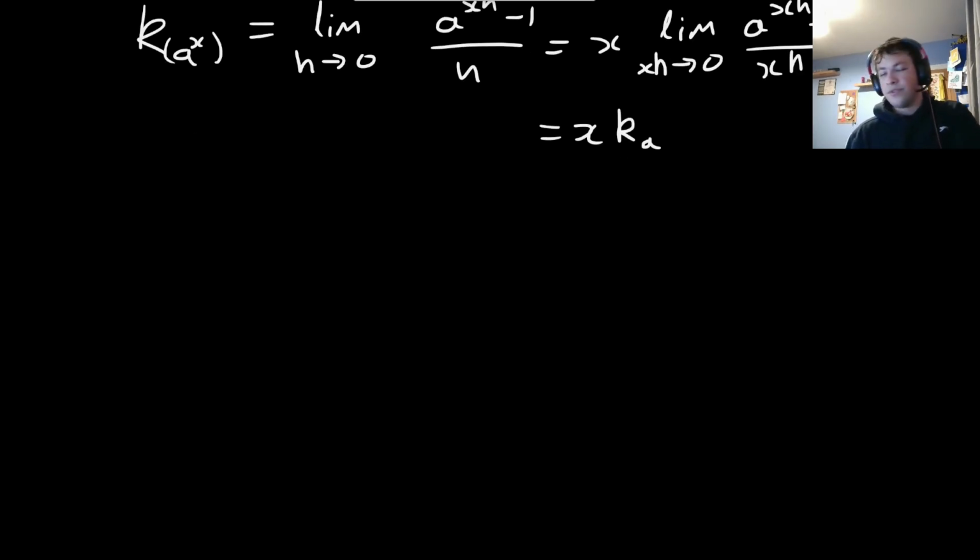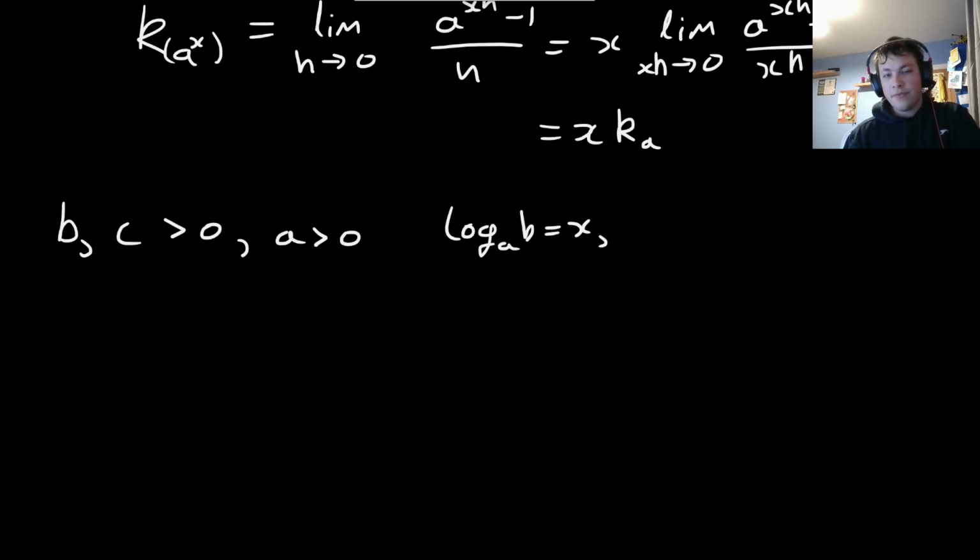And we can also say, remember we showed that a to the x was invertible. So if b and c are greater than 0, and a is some number greater than 0, then let log a of b equal x and log a of c equal y, so a to the x is b and a to the y is c.